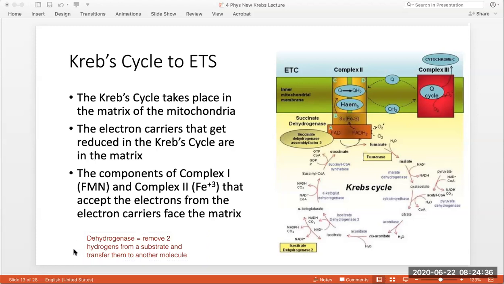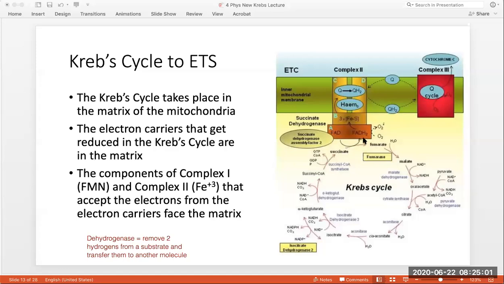That's a dehydrogenase. So succinate dehydrogenase is telling you that it's going to pull a pair of hydrogen ions from succinate. They get pulled off of succinate and they have to get transferred to something else. They get transferred to FAD plus to reduce it to FADH2. That's this enzyme that does this, and that's actually part of complex 2. So here's succinate dehydrogenase here.